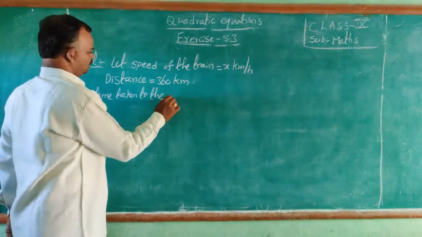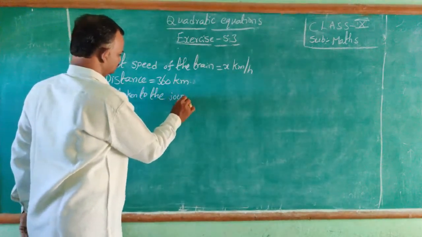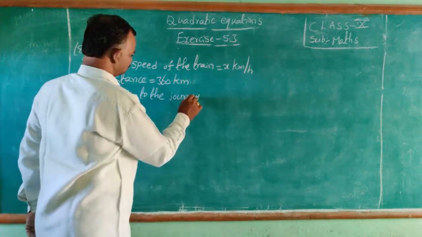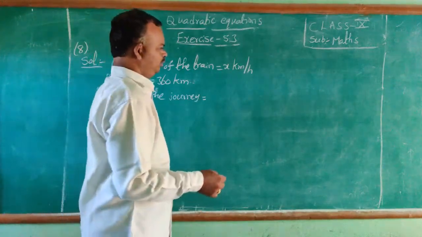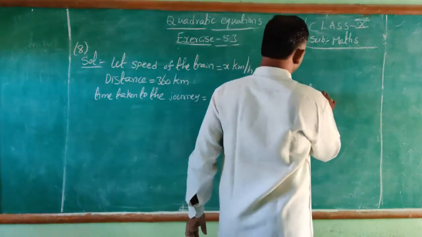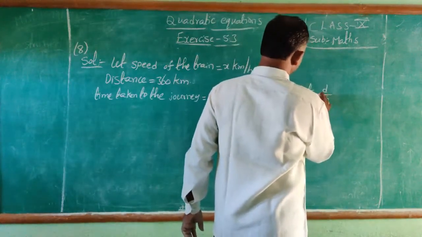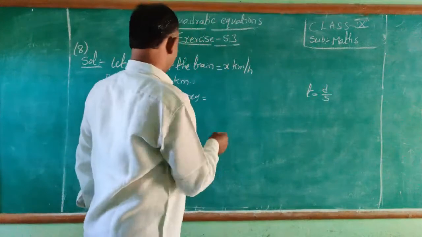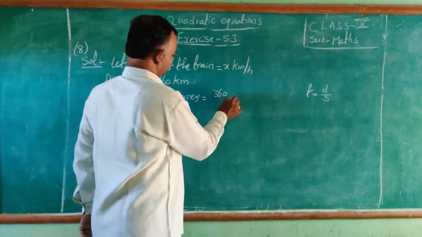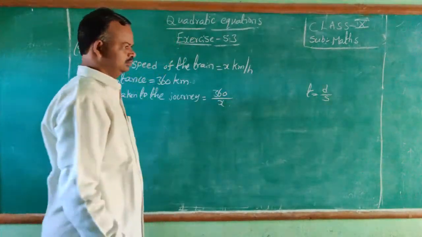Time t is equal to d by s, distance by speed. So it is 360 by x.